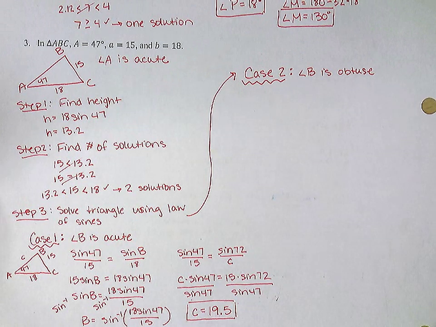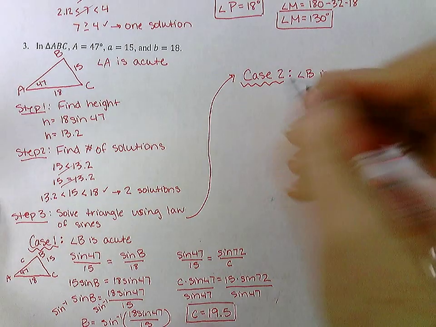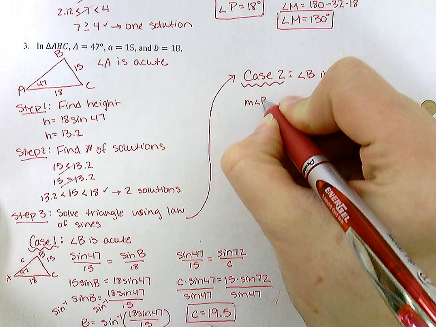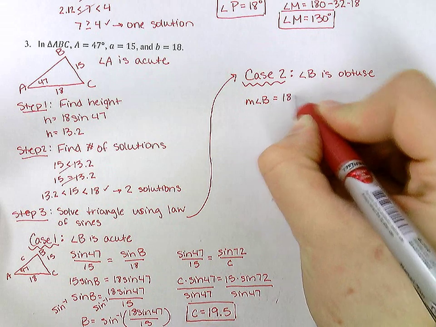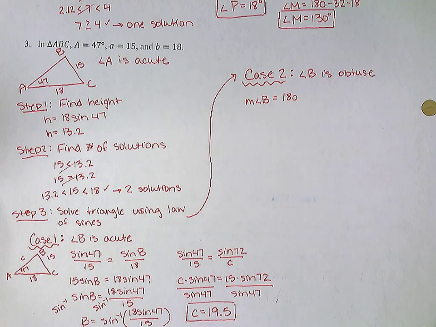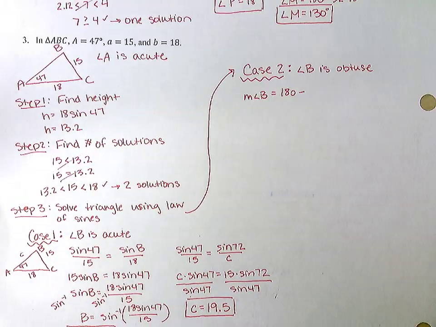Since sine has a positive value in quadrant 2, to find the measure of obtuse angle B, all you need to do is take 180, because quadrants 1 and 2 together make a straight line, and subtract the acute angle that you found from case 1 for angle B.